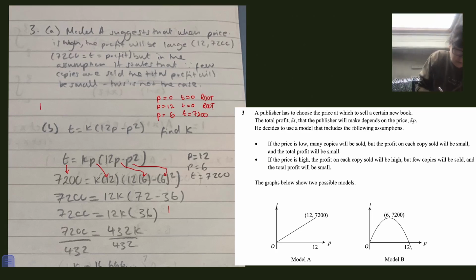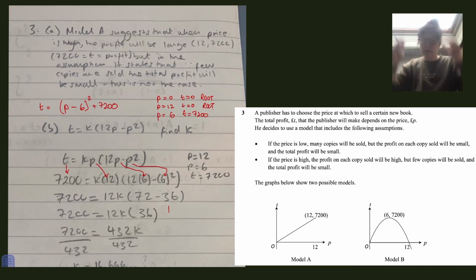So we know for a fact that this equation is going to be p minus 6, squared, plus 7,200. Because imagine a negative quadratic with its bump on the origin. It's gone right 6, up 7,200.